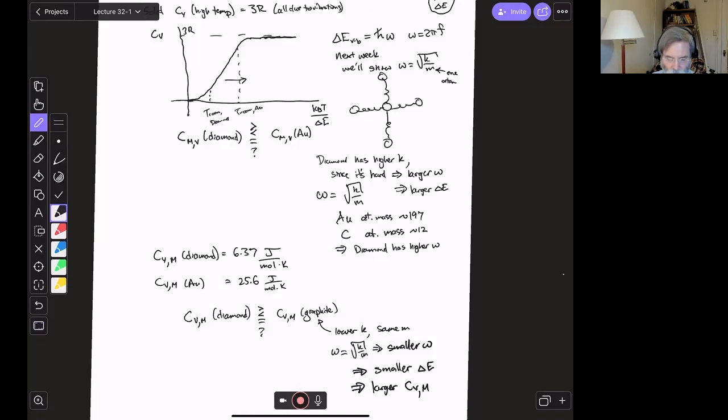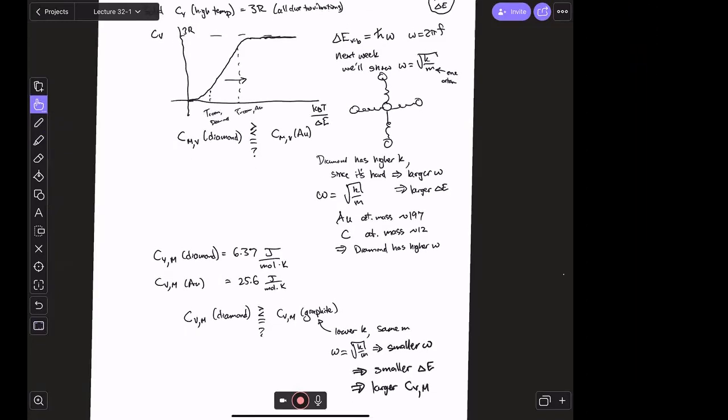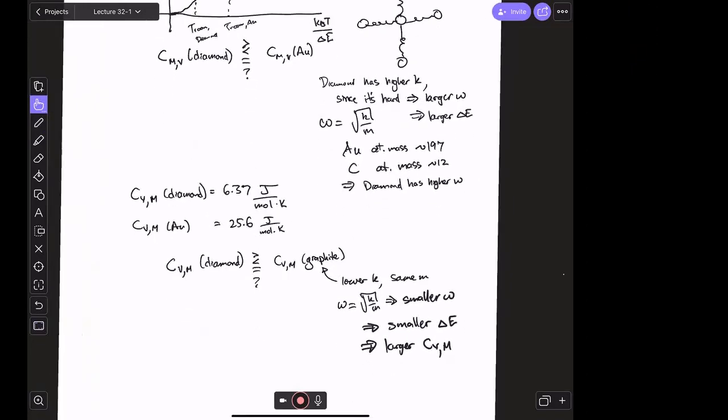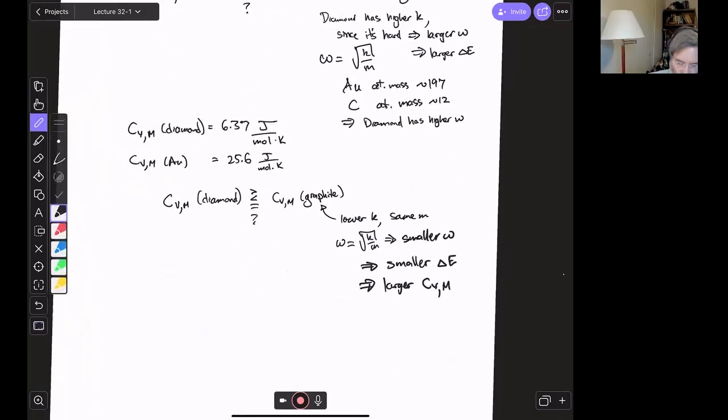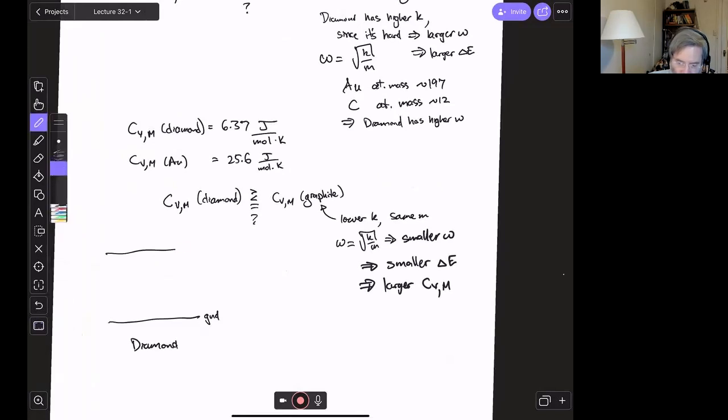Good. Could you explain that again? So if I were to compare the energy level diagram, so here's diamond, the energy level diagram for the vibrational modes in diamond. Here's the ground state, here's the first excited state, here's the second excited state, and there's other ones up there.